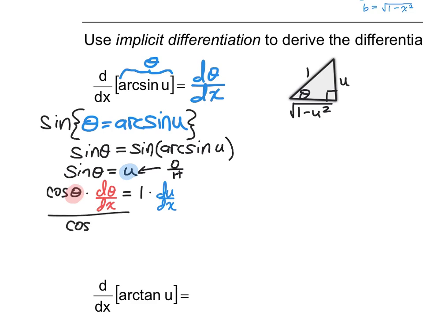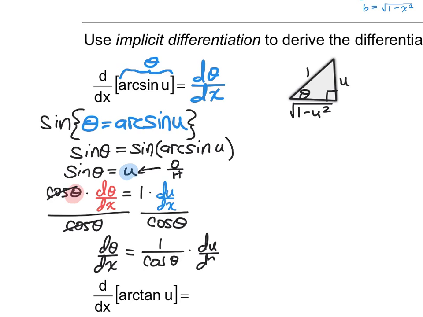I'm just going to divide that out. d theta dx would be equal to 1 over cosine, which you could write as secant if you want, times du dx. So I'll write it as secant of theta, sorry, times du dx.